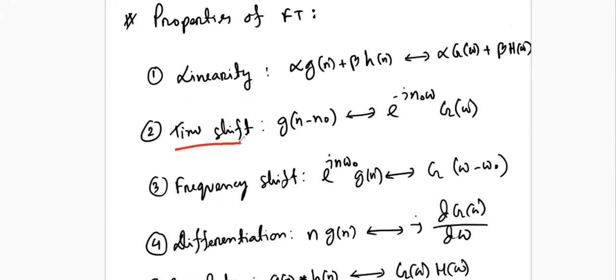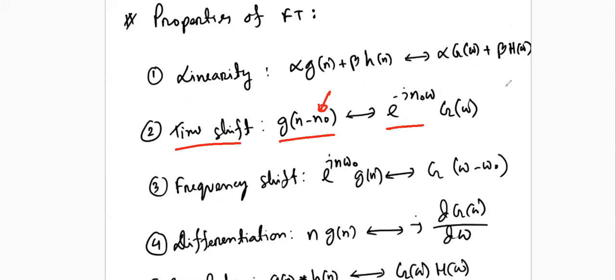Time shifting: if you do time shifting in the time domain, what kind of changes will that make in the frequency domain? It changes the phase. The phase is represented by e to the power minus j n0 omega. How much will that shift?